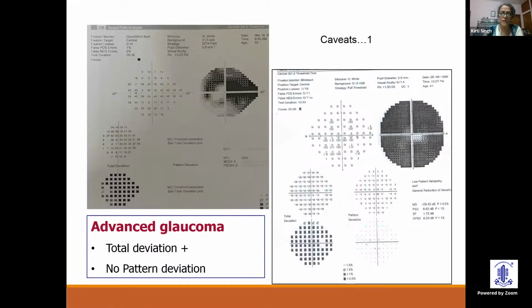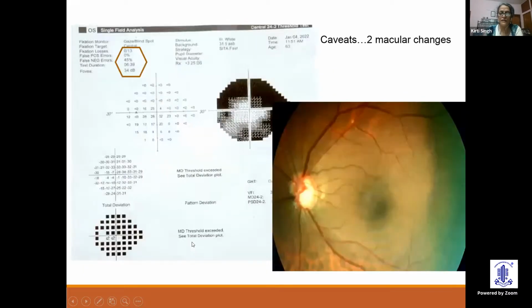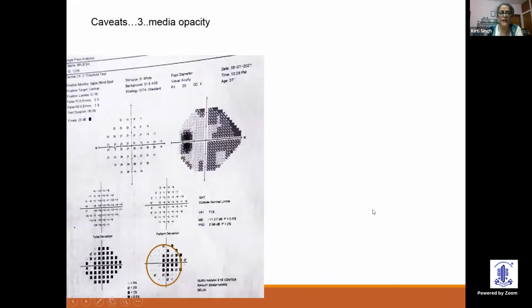In advanced glaucoma, where total deviation is so much, the pattern deviation is absolutely normal or not detected. So in those situations, you cannot rely on the field. Second, as I told you, in macular pathologies, again, you can't rely on that. Now, this is a patient like Dr. Tanuj was showing you. This patient also had a lot of defects in the center.